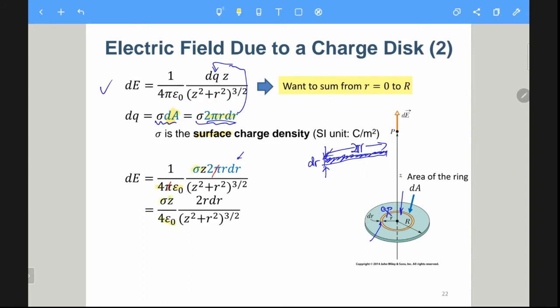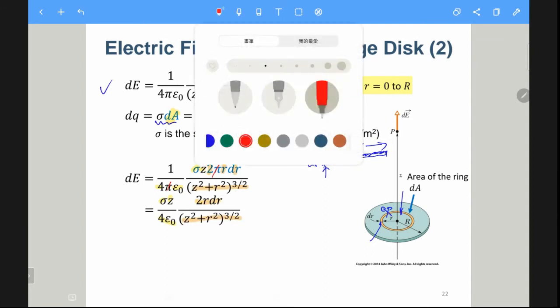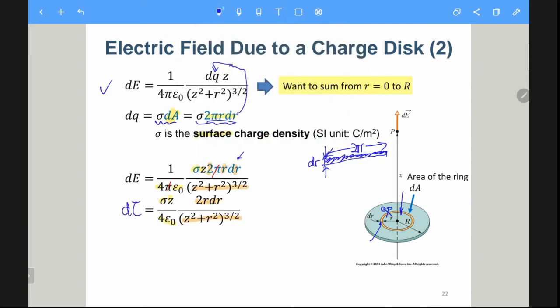And then the remaining terms related to dr. So we keep 2r dr here. Maybe I change another color. So you have 2r dr here, and then this term is here. So we get dE. dE is this expression.